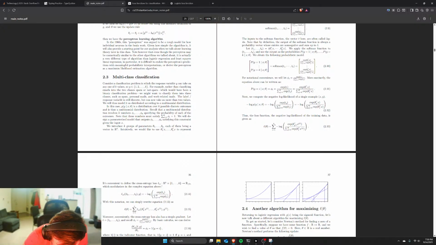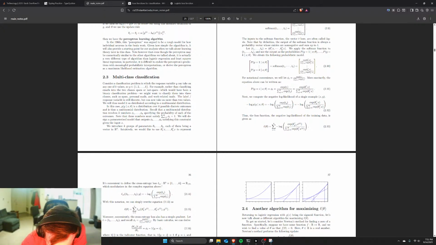the sum of n equals 1 to n with negative log of exp of, so it's, where's the yi coming from here? That's just pi, right?